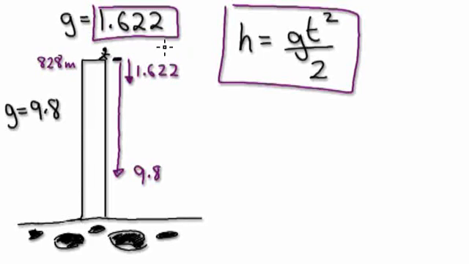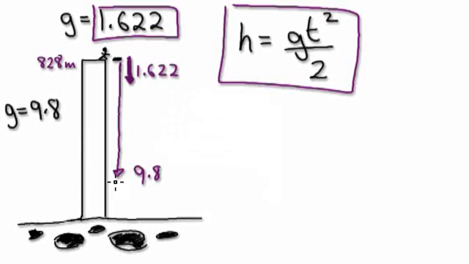On the moon it's quite weak, so it's a lot weaker pulling the brick. On Earth it's pulling the brick a lot stronger. So you should be able to see that it takes longer for the brick to hit the ground on the moon, because the pull is a lot weaker.